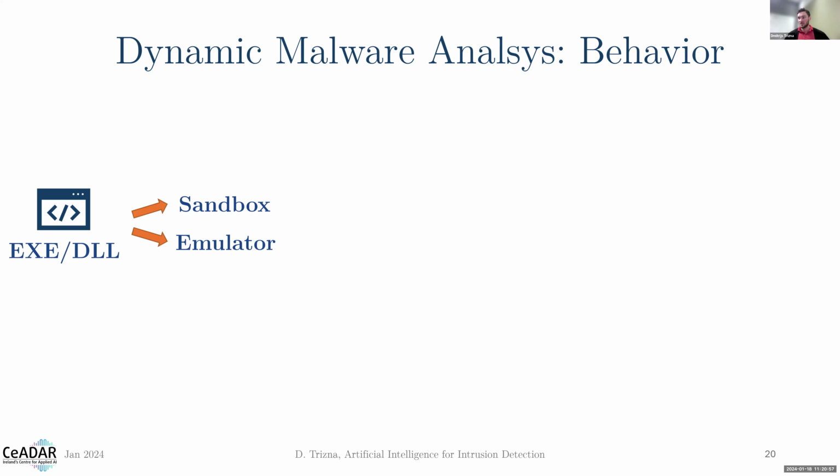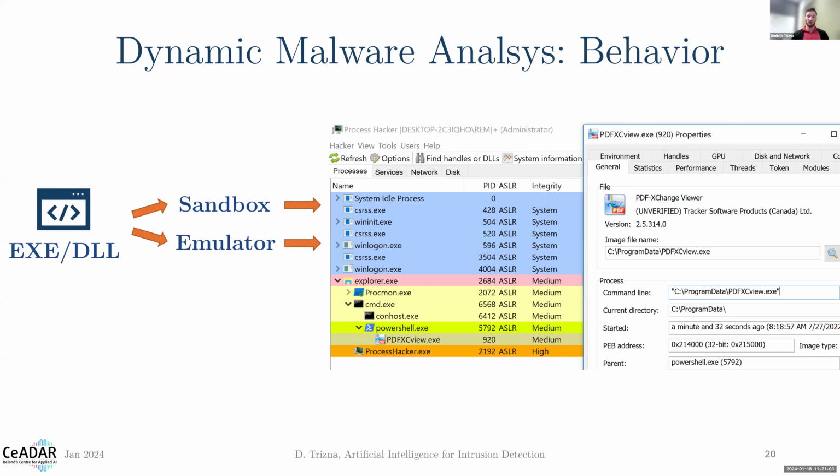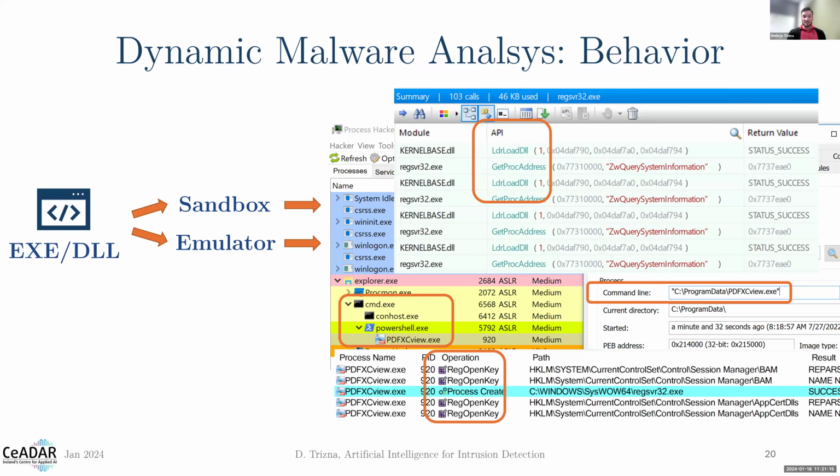It will produce richer representations, but it has its own drawbacks. Eventually, what we get is the behavior of the malware or application in a system: parent process relationships, command lines it executes, API calls, registry access, network access, and many more.